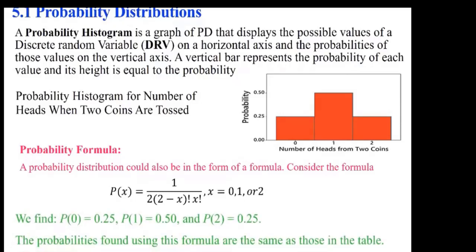P of 0 is 0.25, P of 1 is 0.5, P of 2 is 0.25. The reason we end up with 2 only is because we are dealing with 2 heads max. And it's very easy to calculate. You can try this on your own to make sure you come up with the correct answer. A probability distribution can be represented with a table, as we did on the previous page.